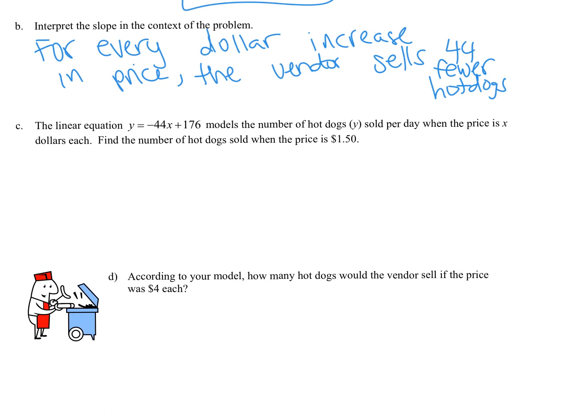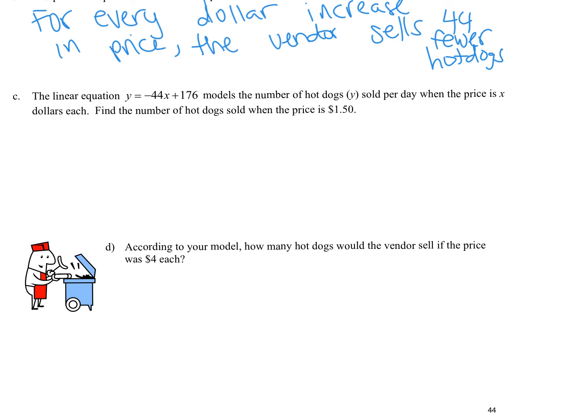So here's another problem. It says the linear equation y equals negative 44x plus 176 models the number of hot dogs sold per day when the price is x dollars each. Find the number of hot dogs sold when the price is $1.50.